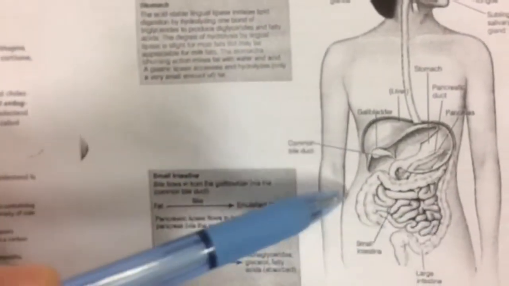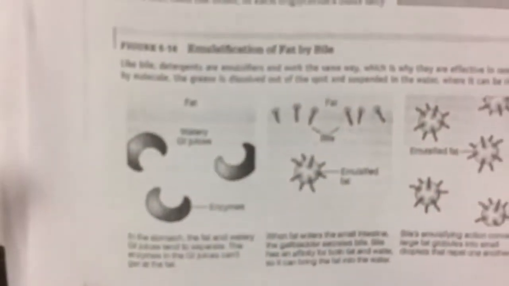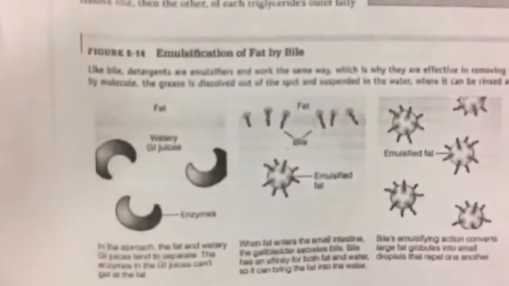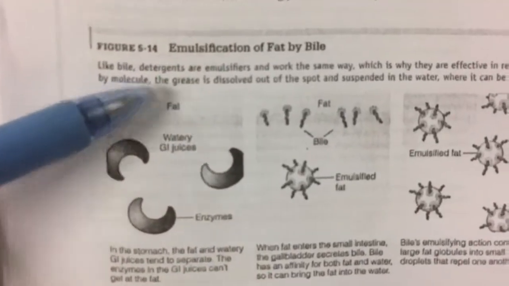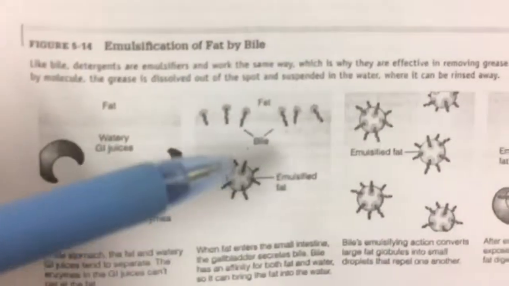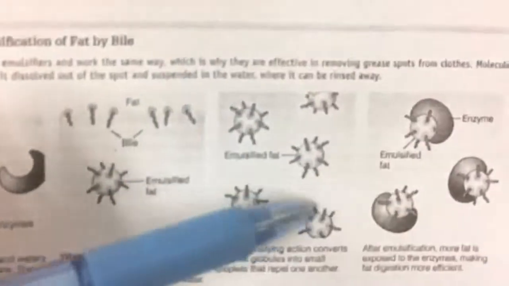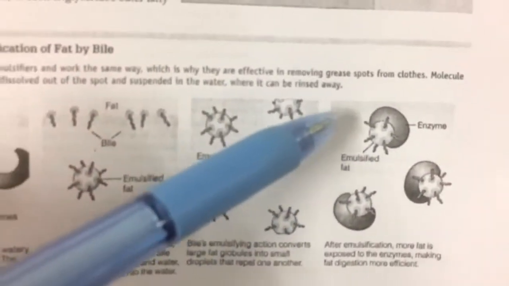Pada peringkat ini, proses emulsification of fat oleh bile akan berlaku, di mana bile akan membantu fat untuk bercampur dengan water untuk menjadi emulsified fat supaya enzim boleh mendigest fat.